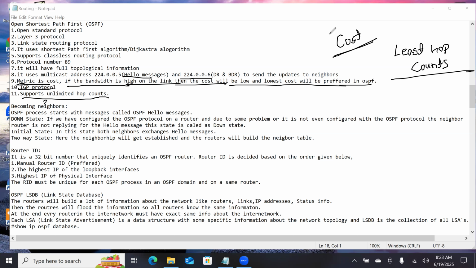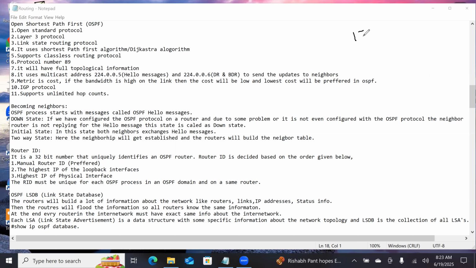It allows just 15 hops. We don't have any restrictions in OSPF. It can send its routing information to any number of routers, as long as they are configured with OSPF. So this is some basic information about OSPF.